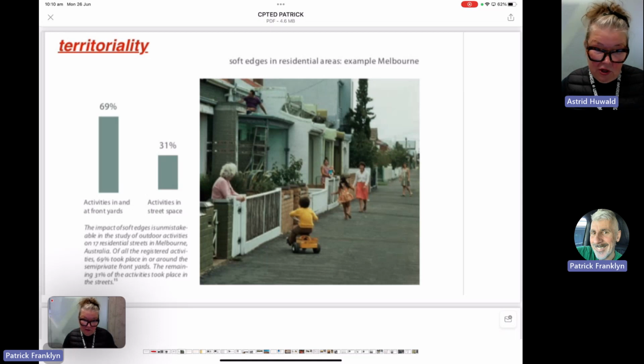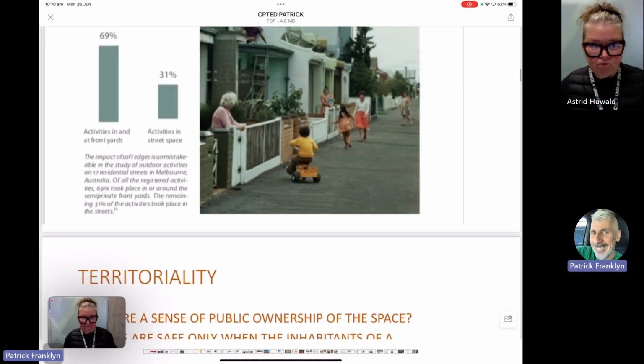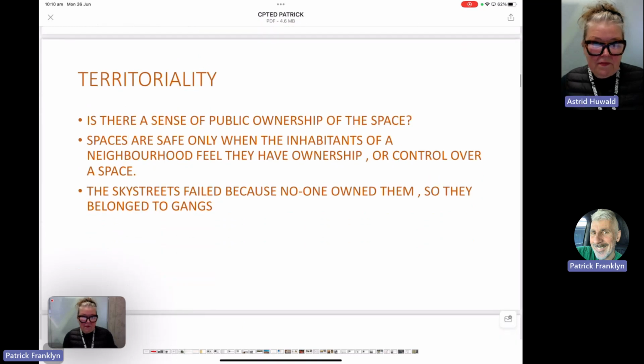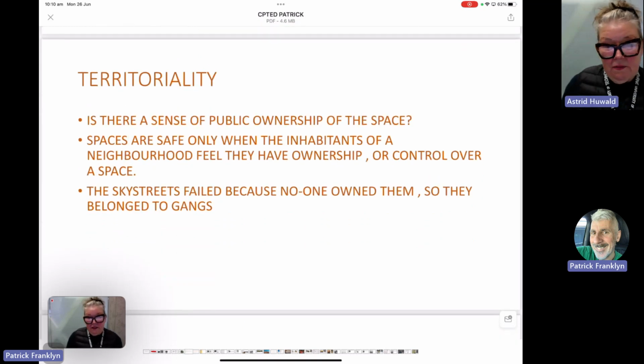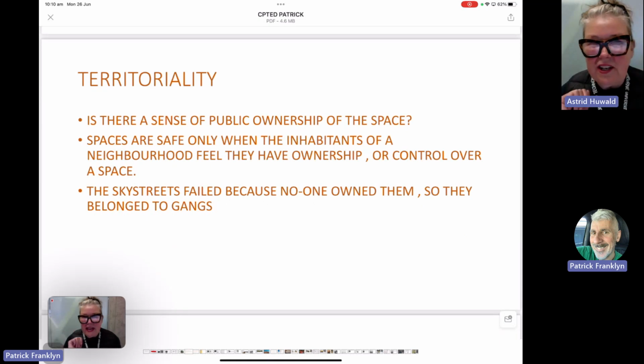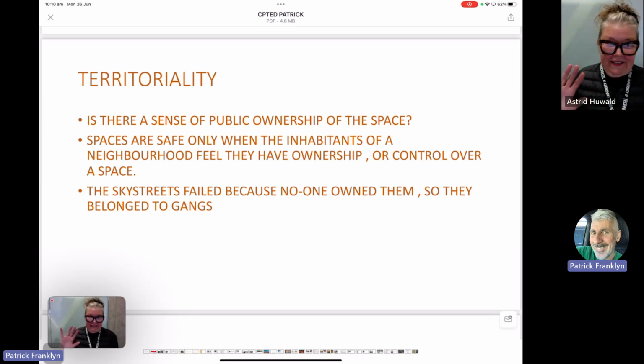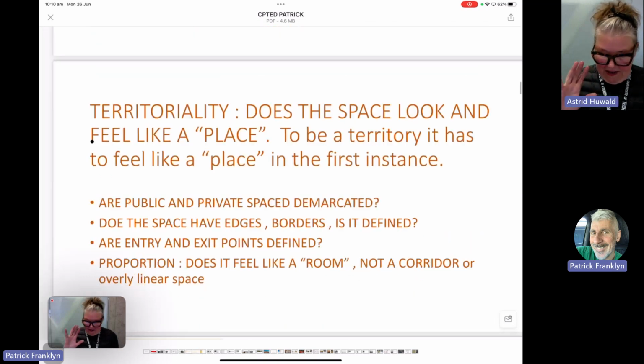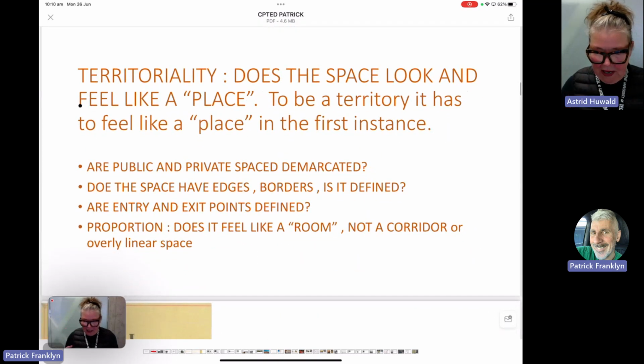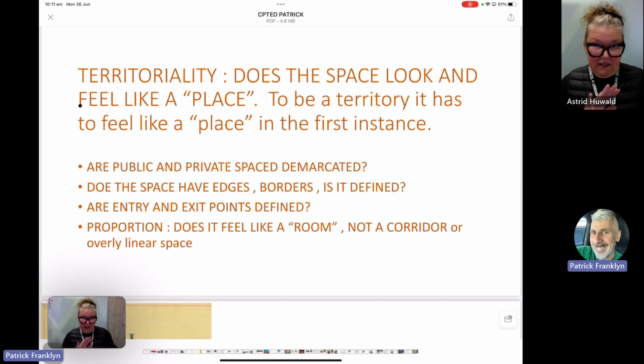The other thing that Newman found out is that a space really has to feel like a place, and you've got to have a connection to it in order to want to inhabit it. Proportion is really important. Does the space feel like a room and not a corridor, or an overly linear space?